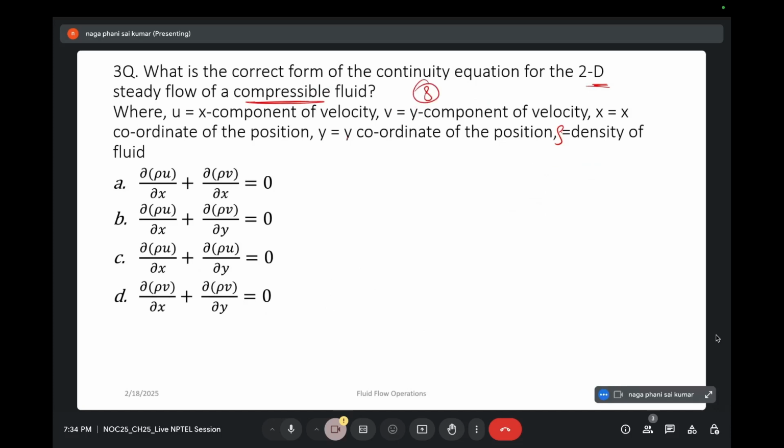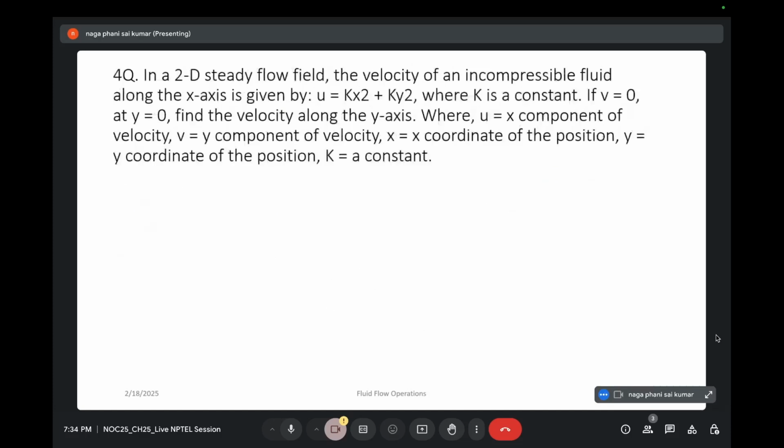So for two-dimensional flow, the equation is ∂(ρu)/∂x plus ∂(ρv)/∂y is equal to 0. Which of these options matches this? That is option B, right?